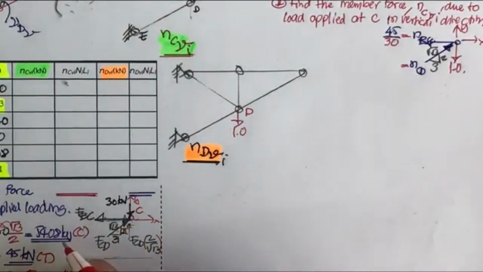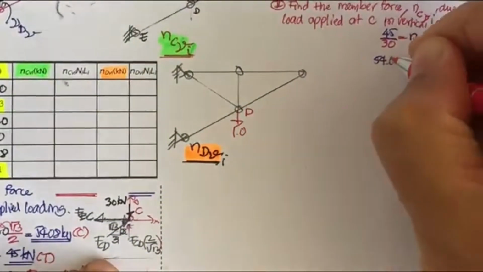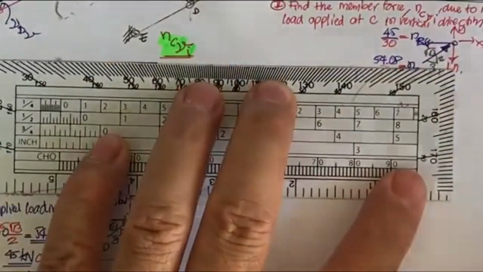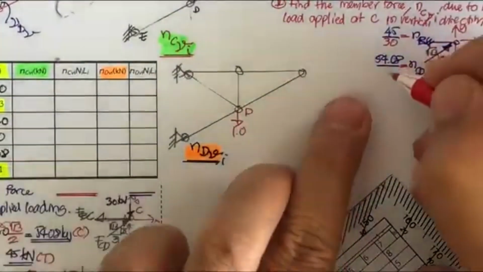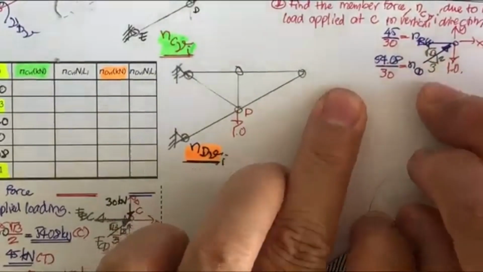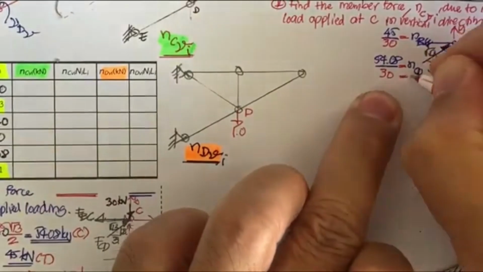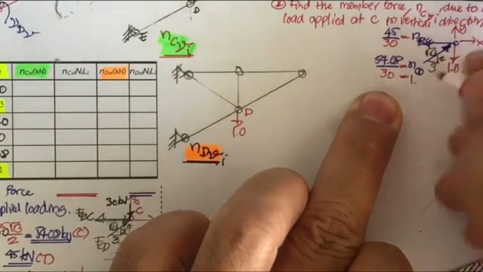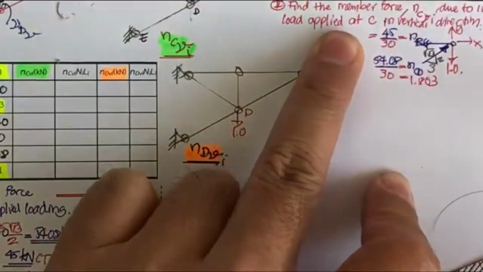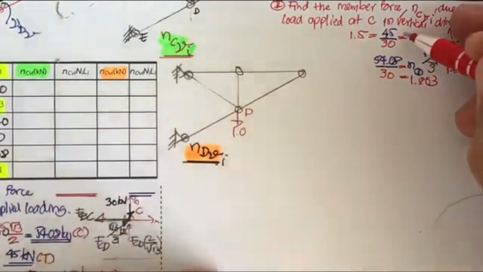And this one, CD is 54.08, so this one is going to be 54.08 divided by 30. By doing this, you may get the result of N sub CD, and this is going to be equal to 1.803, and this one is going to be 1.5, and this is in tension, the 1.5 in tension.